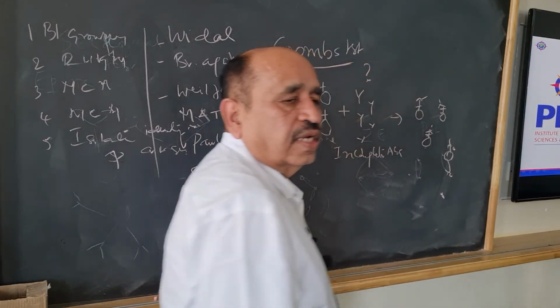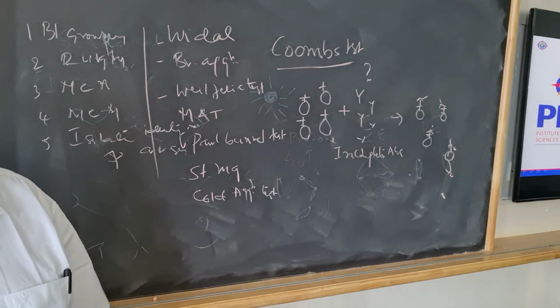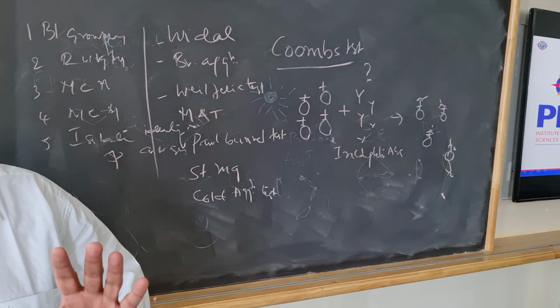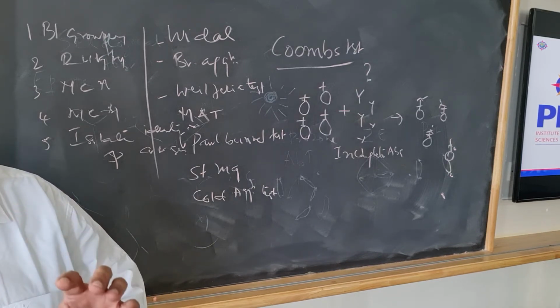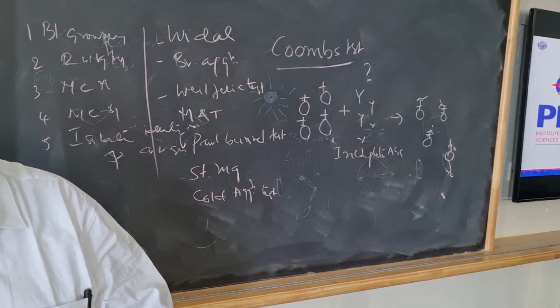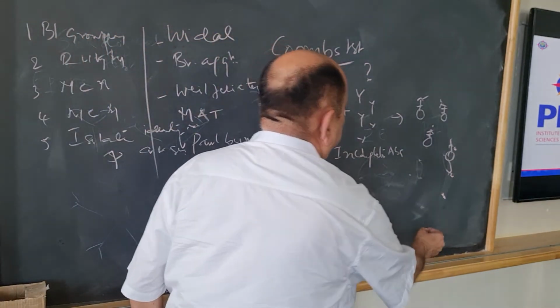To make it observable, you add AHG, that is, anti-human gamma globulin.